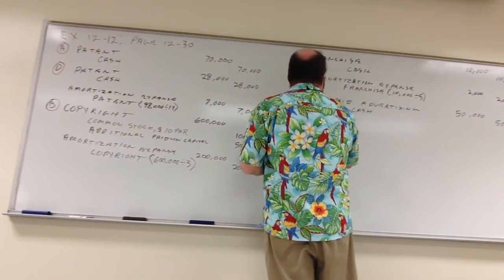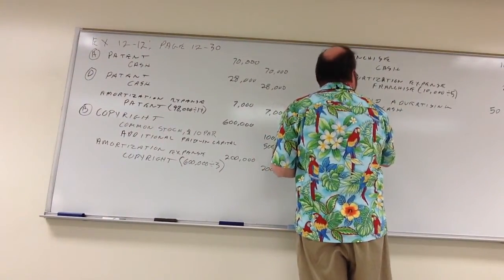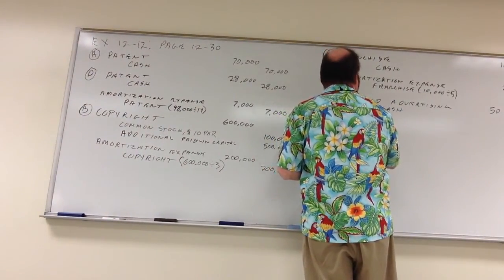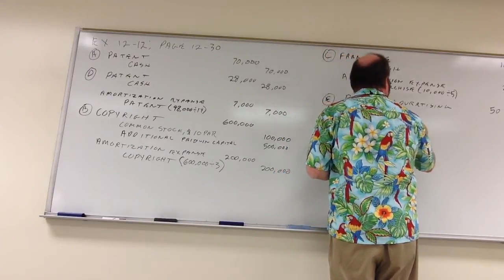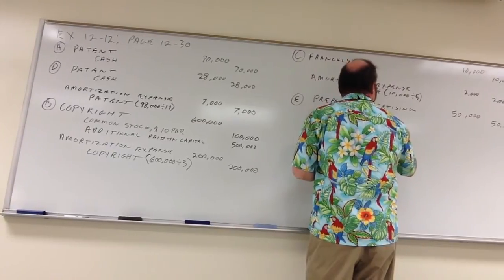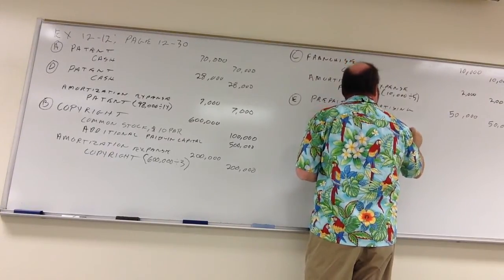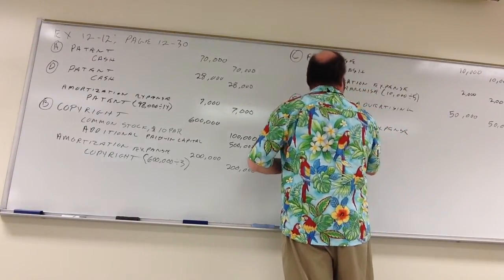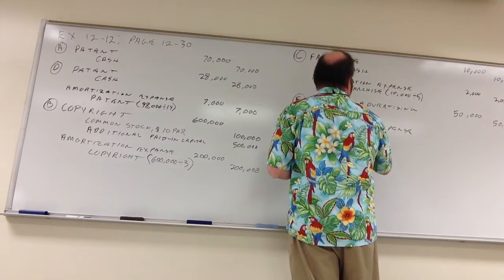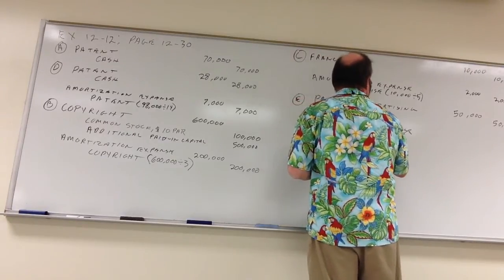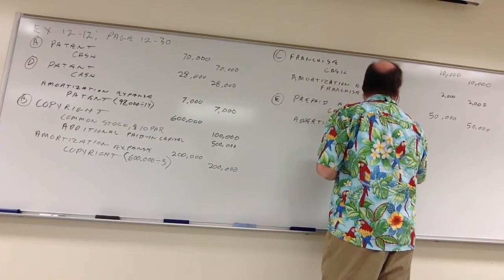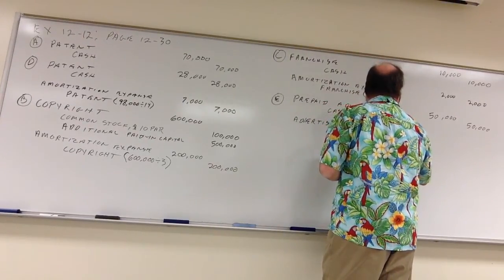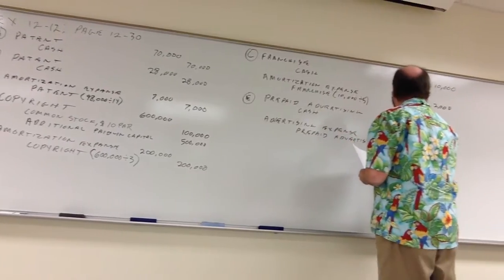And at the end of the year, we need to take it to advertising expense and reduce the prepaid. $25,000.